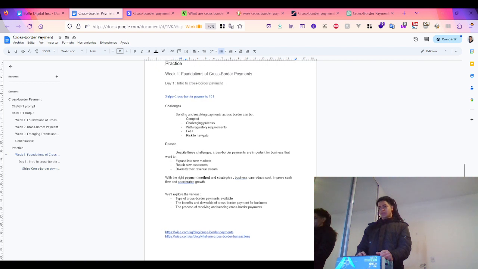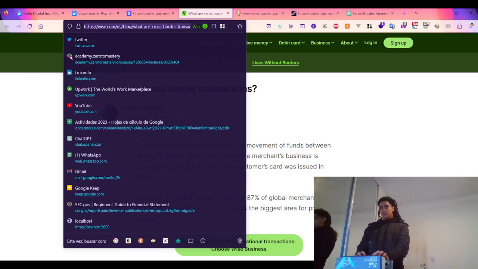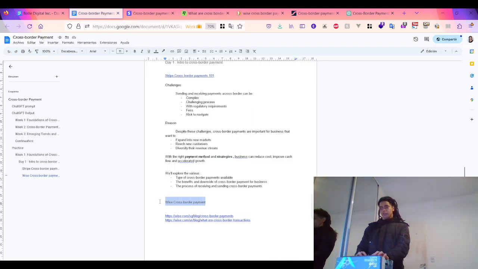Okay. Stripe cross-border payments. And the other is Wise cross-border payment. Okay, so just this, and I'm going to link this. So Wise cross-border payments.